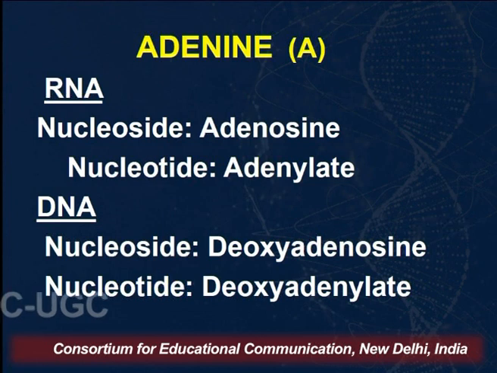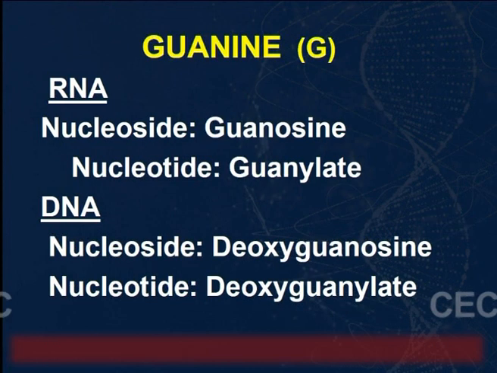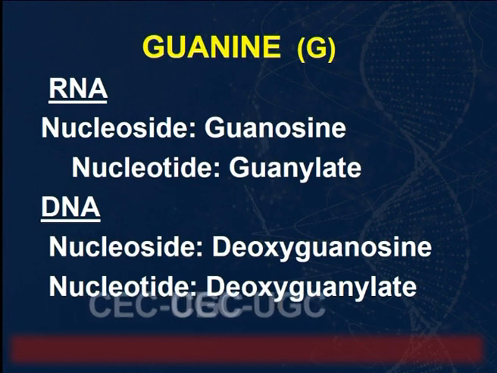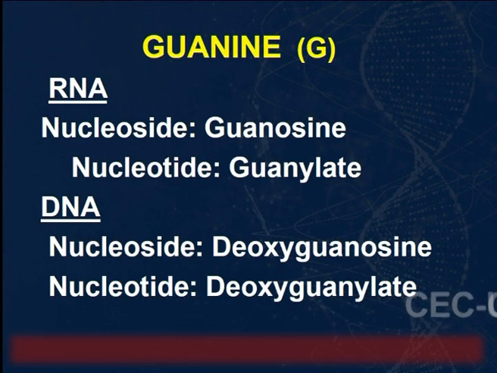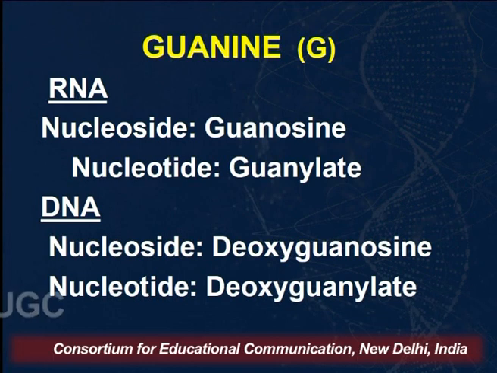So the nucleoside will become deoxyadenosine and the nucleotide would be deoxyadenylate. Similarly, for guanine, the nucleoside will be guanosine and the nucleotide for RNA would be guanylate. For DNA, we will just add the word deoxy. This will become deoxyguanosine and deoxyguanylate.